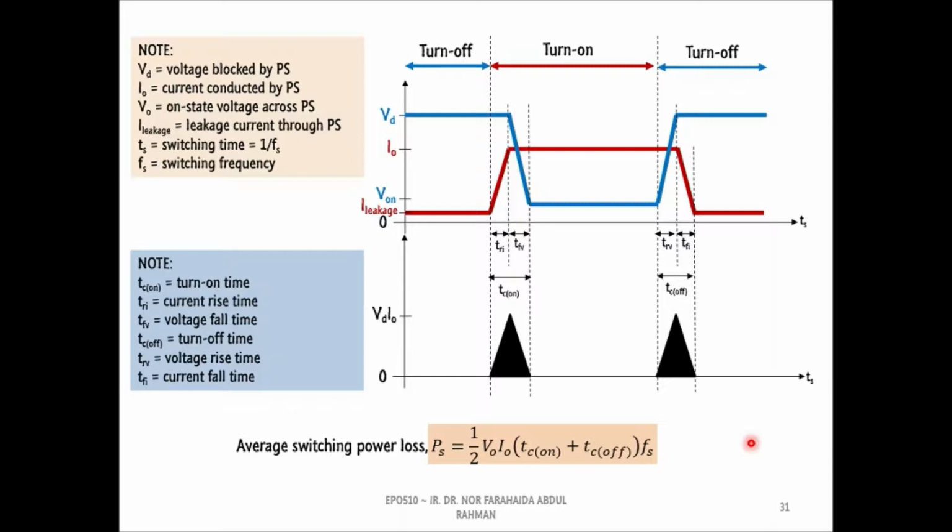Nevertheless, based on the equation, we can see that the switching power loss is directly proportional to the switching frequency of the power switch, where the switching frequency is equal to 1 over the switching time.